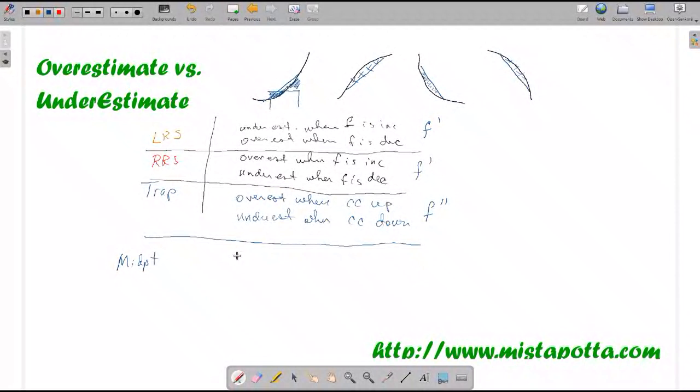So this really is a good question. What happens when I'm dealing with the midpoint Riemann sum? Am I always going to end up with an overestimate under certain situations? Am I not always going to end up with an overestimate under certain situations? That really is the question. But for now, I'll leave that for you to think about.